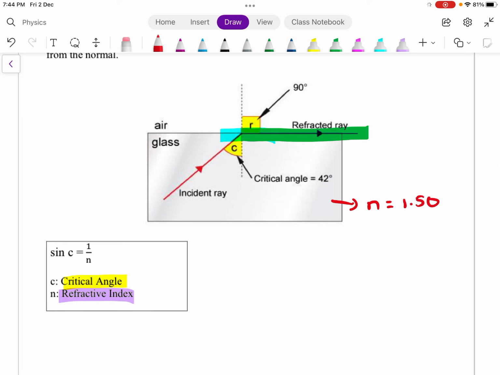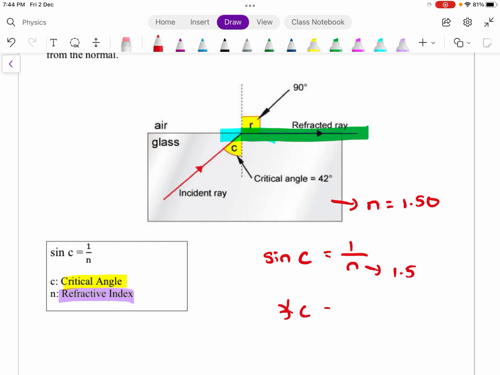So let's do a bit of calculation here. Sine c, just take note that c here is the critical angle, not the speed of light. So sine c is equal to 1 over n, right? What is the n? n is 1.5. So you just take sine inverse.